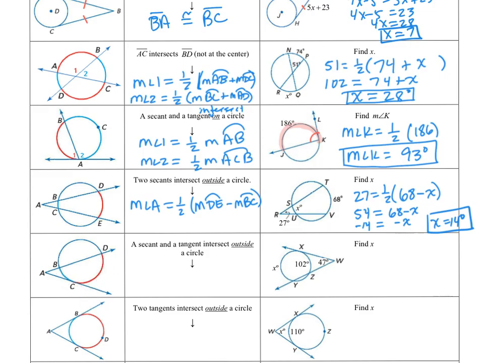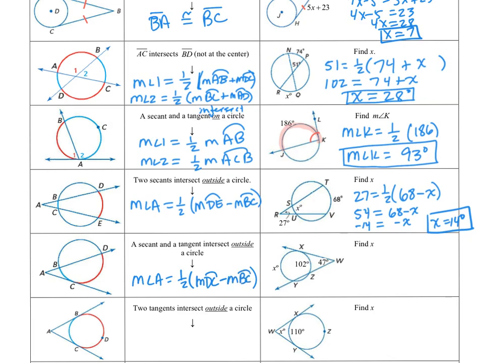Okay, so to find the measure of angle A, we're going to take half the difference of the 2 intercepted arcs. And again, I hope it's obvious to you that you want to take the bigger arc minus the smaller arc. So that would be the measure of arc DC minus the measure of arc BC.